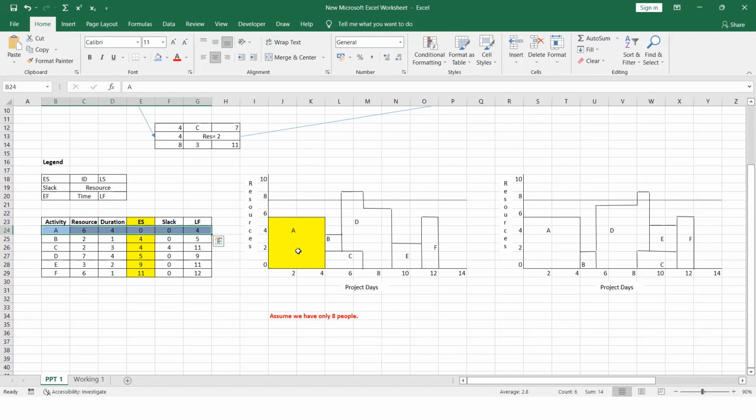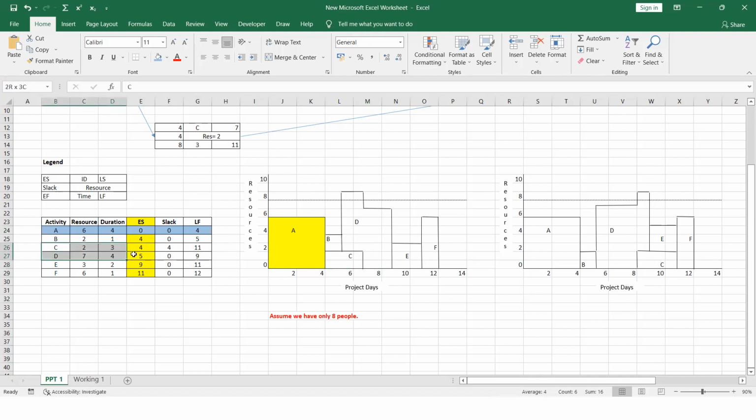So I will start with the early start of 4, go up to the 7th, and use 2 resources as well. So 2 resources mean this, right? So I have drawn the C part now. So the C is now completed.